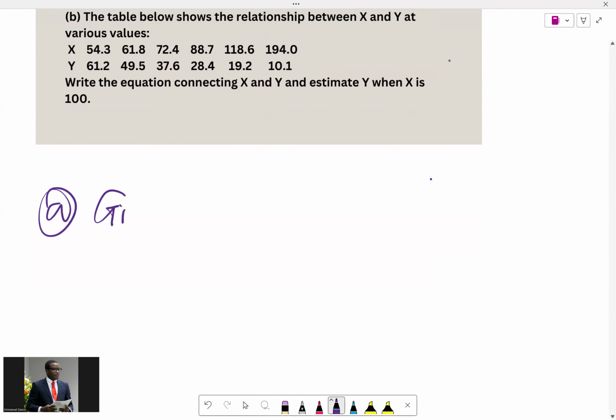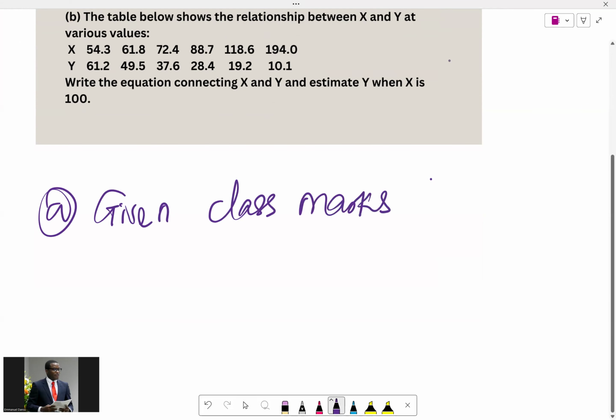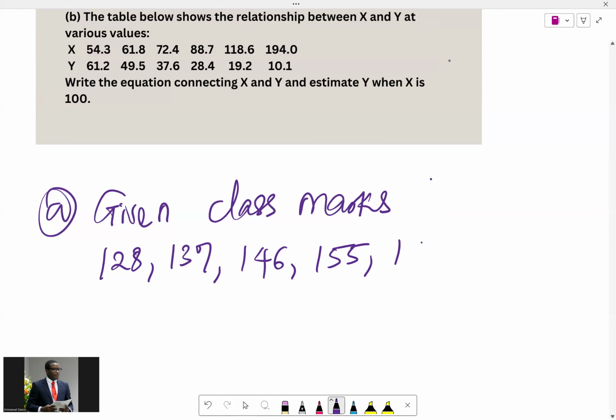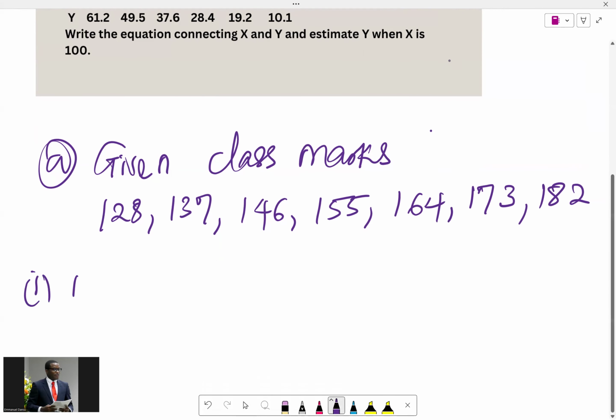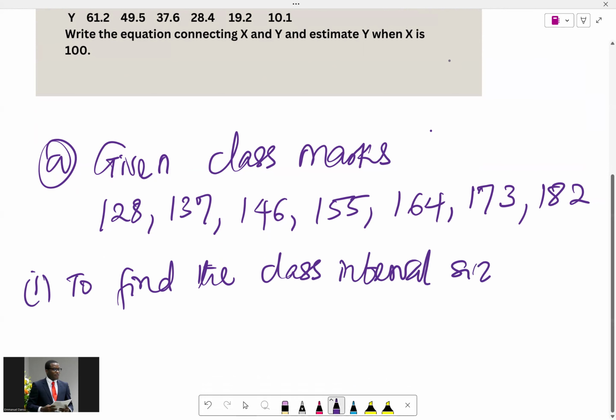A, given class marks 128, 137, 146, 155, 164, 173, and 182. So given these class marks now, the first question we have is to find the class interval size. One, to find the class interval size.